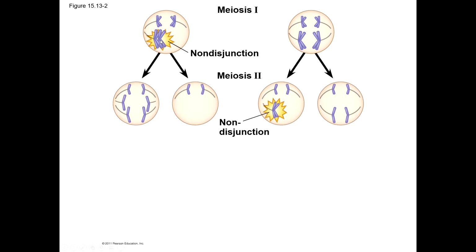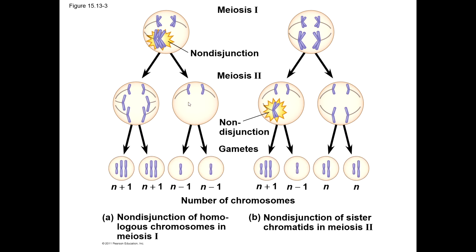If we continue on through the rest of meiosis into meiosis 2, where the chromatids separate, and then they separate out into gametes, notice if non-disjunction happens here, half the gametes will have an extra chromosome. We call that n+1. So instead of, in our case, 23, it would be 24, and half are missing. So all the gametes are faulty here.